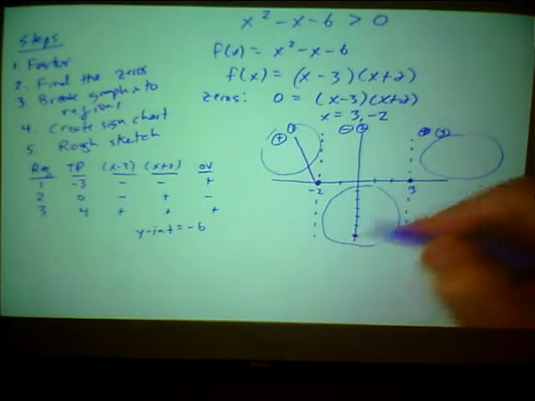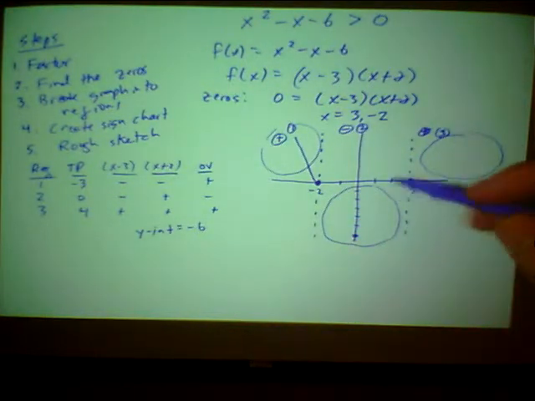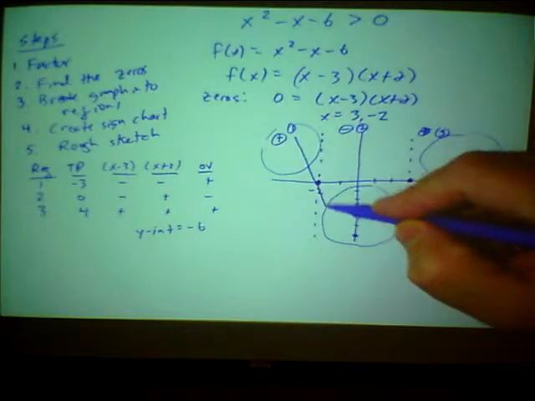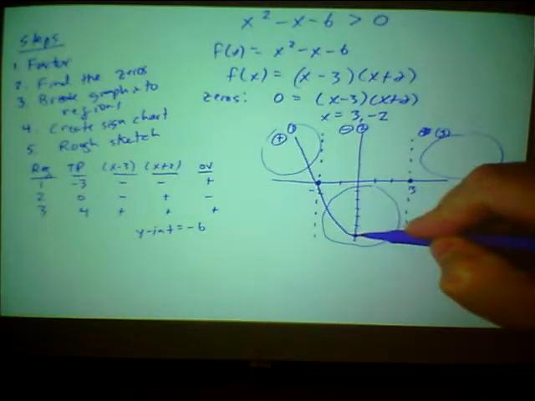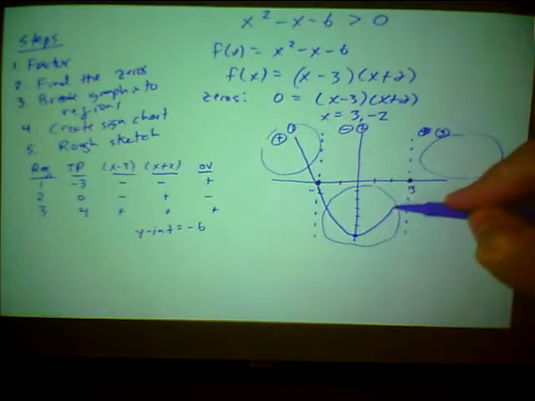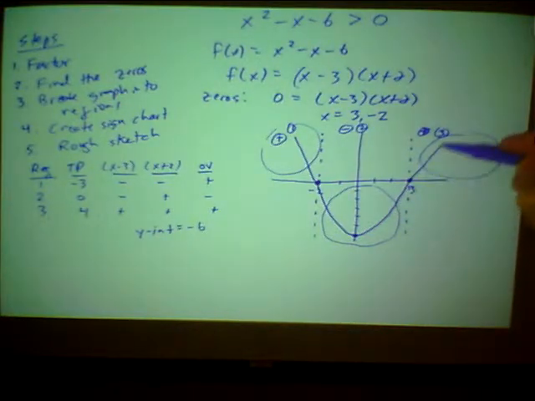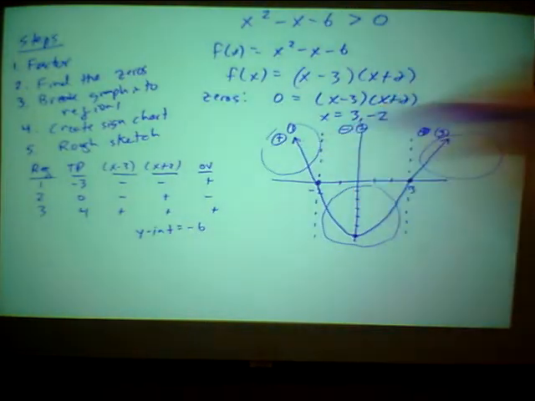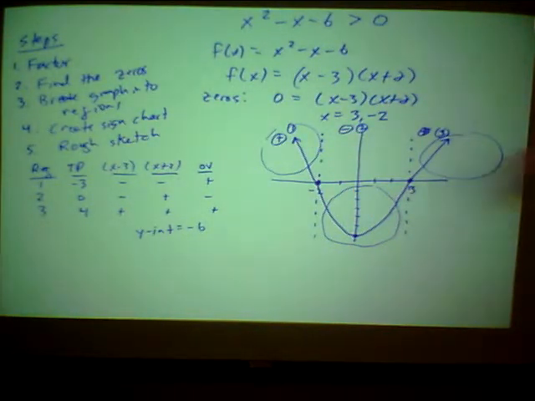So I know when this line comes down here, it's going to go through here, and then as it turns around, it goes back up through my other 0, and here's my graph of my parabola. So this is my rough sketch, and I was able to get it through my sign chart.